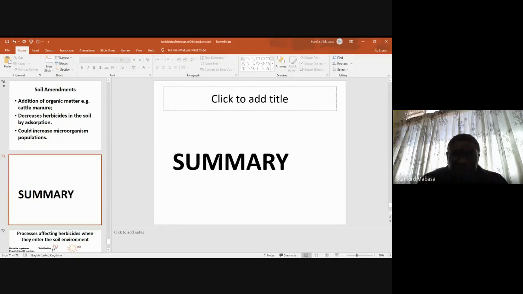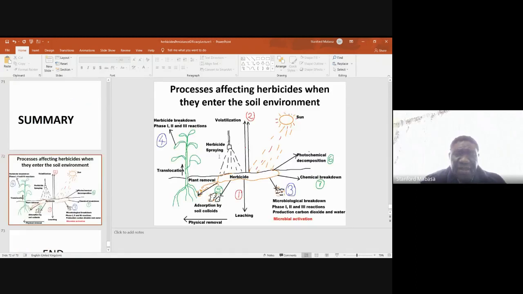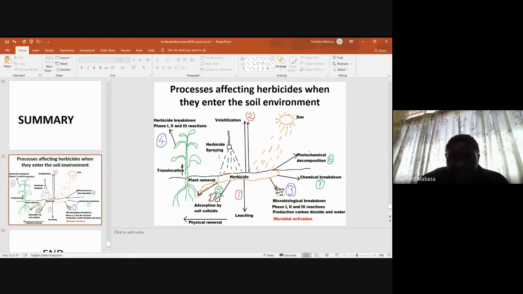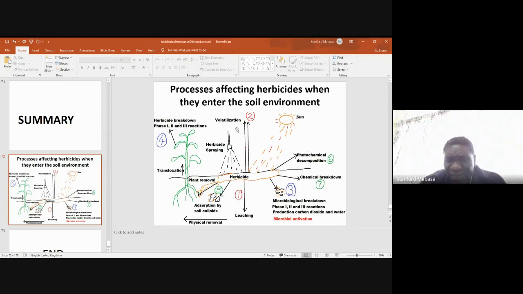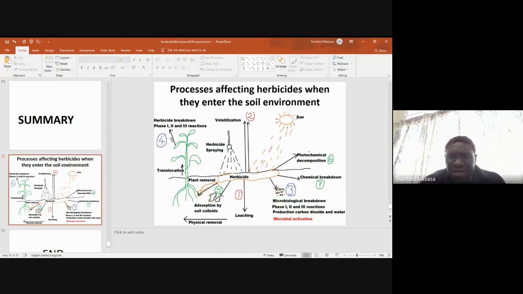So I just want to summarize what we have been talking about. I will just use one slide for this. This is the summary of herbicide persistence. We have number 1, leaching, number 2, volatilization, number 3, microbial breakdown, number 4, herbicide breakdown due to plant uptake.